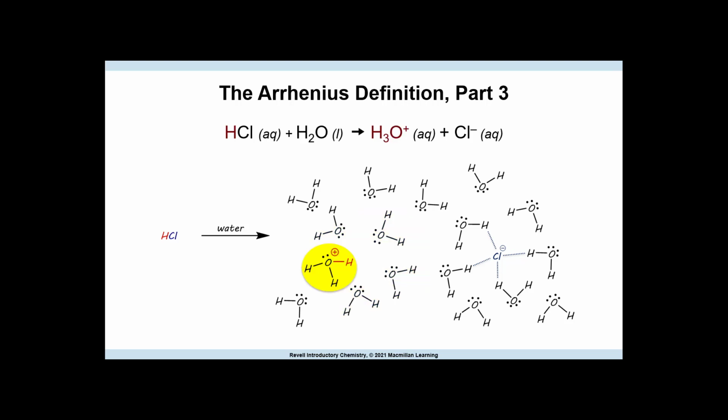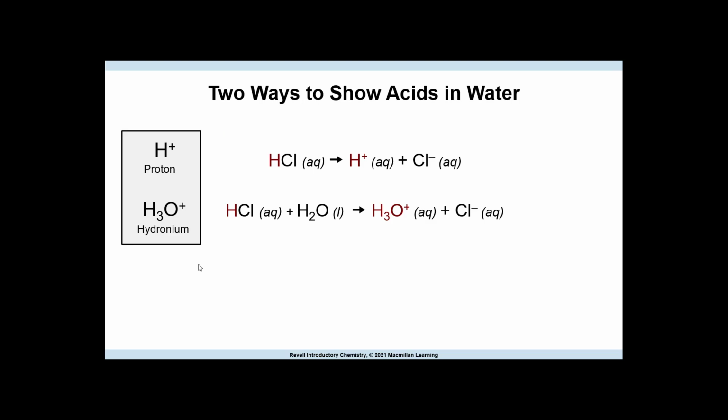Oh, here. See, so it goes by itself. So if this breaks up, you can see the H is now attached to a water molecule, and it's now 3 H's and an oxygen. And then other times we show the proton attached to a water molecule to form H3O+, which is a hydronium ion. We could also write the dissociation this way.